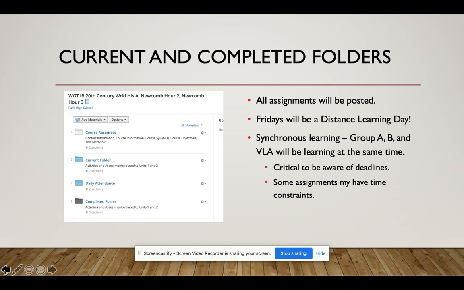Current and completed folders will also be found in Schoology. There you'll see the assignments posted, and my job is to make sure that those assignments are posted every day by 8:30. They'll be appropriately labeled, so you'll know when those assignments have been posted, and it has all the pertinent information, including the deadlines. So it's important to take a look at those assignments.